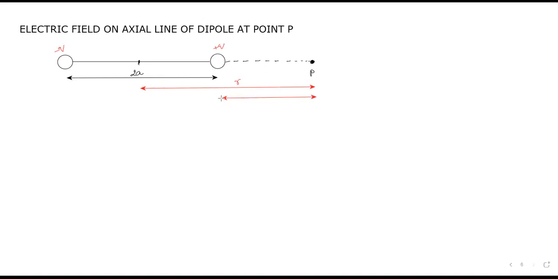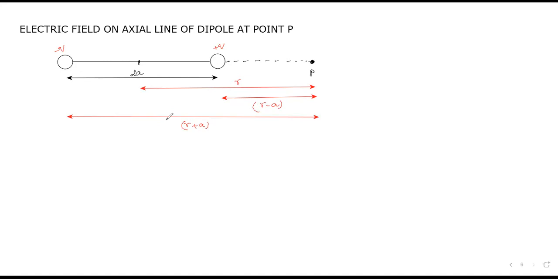It will be R minus A, and the separation from minus Q to P is R plus A. Are you understanding all of these separations?